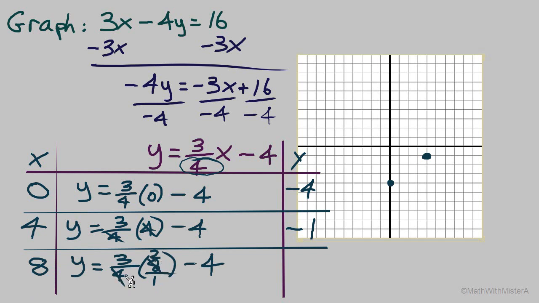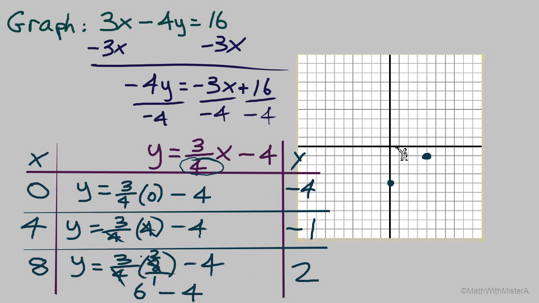So 8 divided by 4 equals 2. We're left with 3 times 2, 6 minus 4. And 6 minus 4 equals 2. But again, however you choose to find 3/4 times 8, go for whatever way you like. But we should end up with 6 as a result of that multiplication, and then 6 minus 4 equals 2.